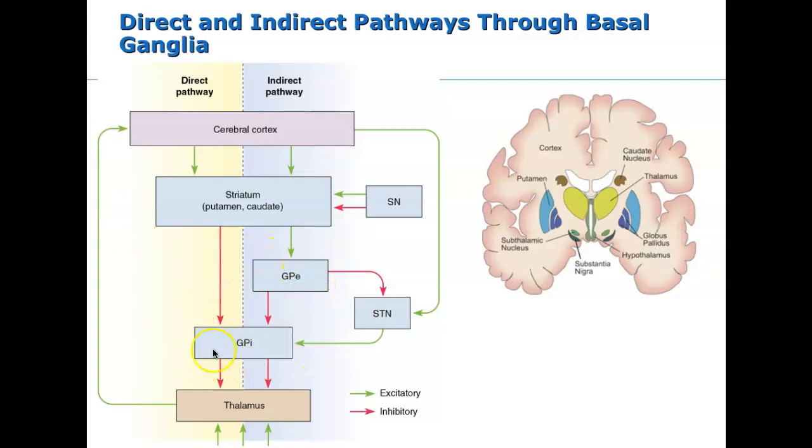So this is what this part of the pathway really does. If you damage this, what you're going to have is an overactive thalamic input here that is just going to go right back into the cerebral cortex and induce all kinds of strange motor programs in the brain. Okay?